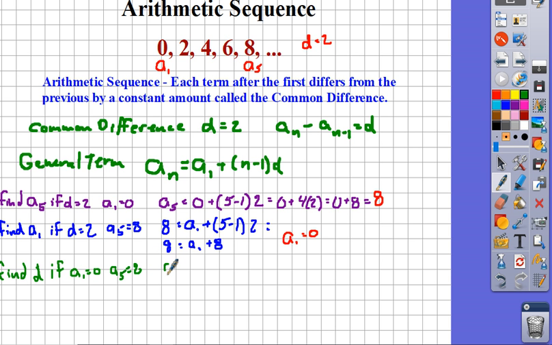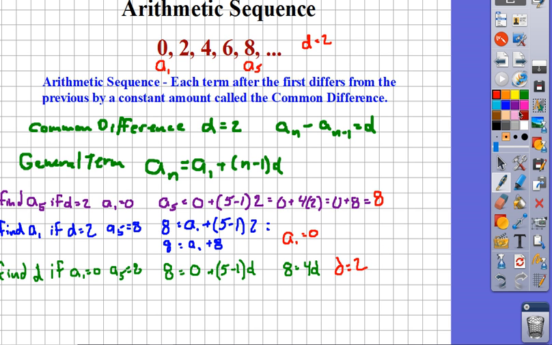A sub 5 is 8, a sub 1 is 0, and that fifth number got us to 8, so that would be a 5 there, minus 1 times d. Now in this case, we're going to get 8 equals 5 minus 1 is 4d plus 0. We'll just put 4d. Divide both sides by 4, and look at that. There's your common difference of 2.